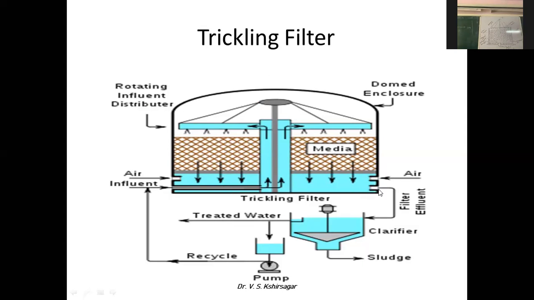That can be collected through the under drainage system, and it will be sent to the secondary clarifier. Then the treated effluent will go to a nearby water body or on the land as wastewater, and some quantity of water we are going to recycle as influent to the trickling filter along with the new influent after the primary clarifier.